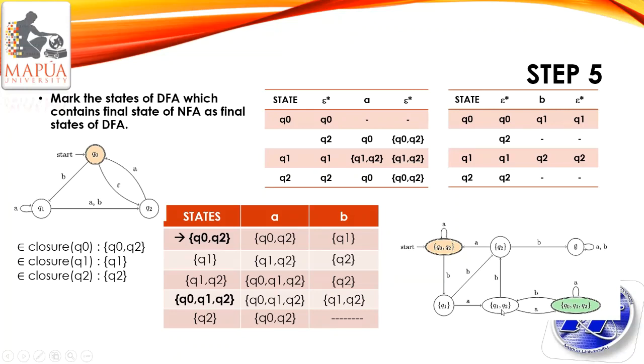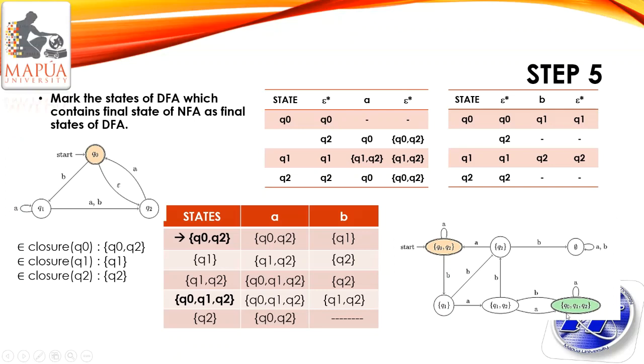At Q1, Q2, if it's A, it will go to Q0, Q1, Q2, which is another final state since it includes Q0. And if it's B, it will go to Q2, rather, at Q1, Q2.